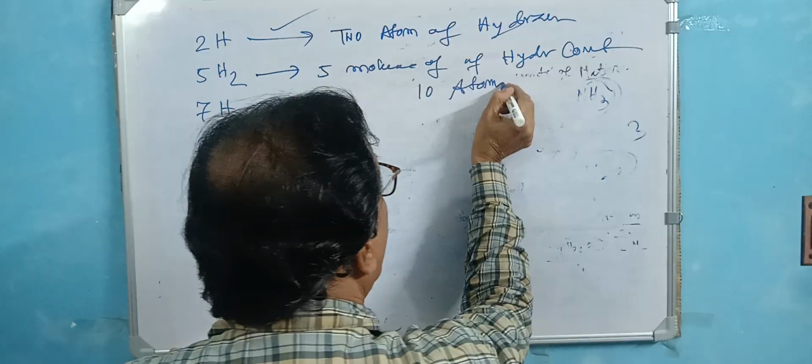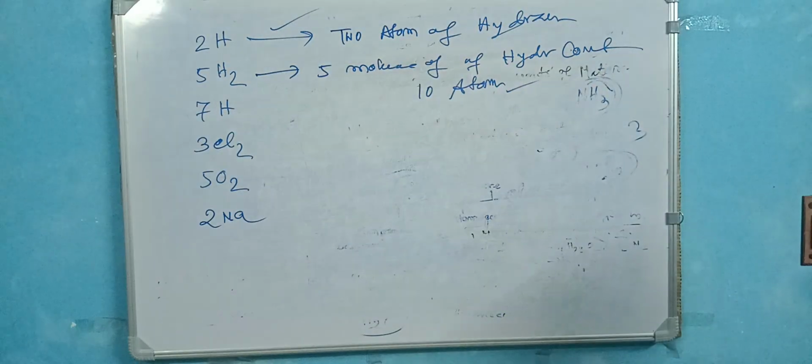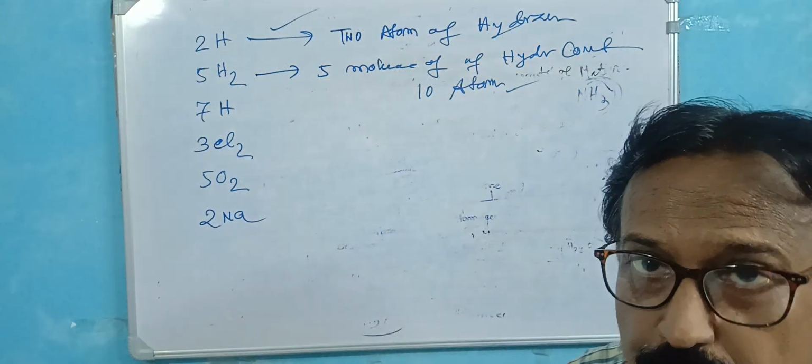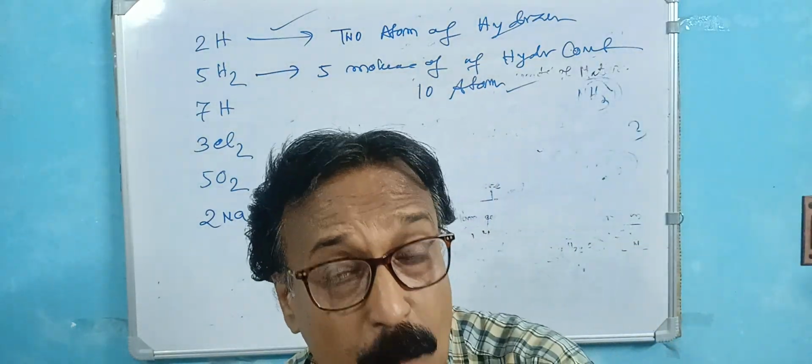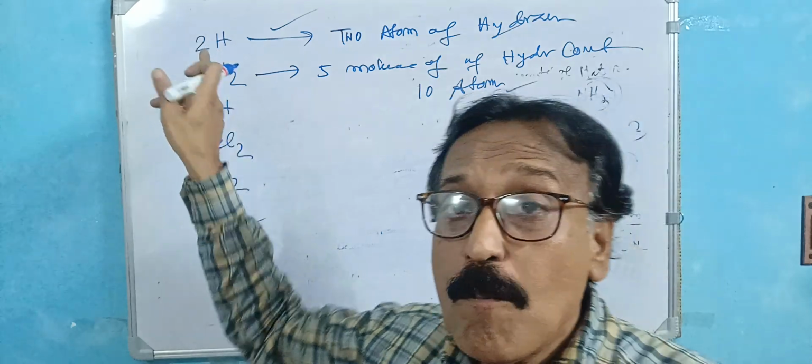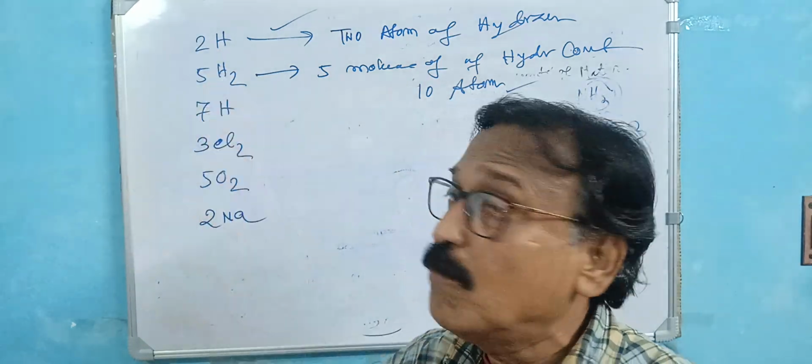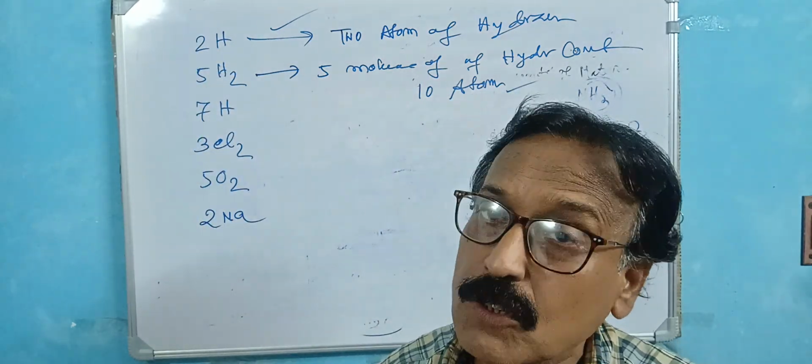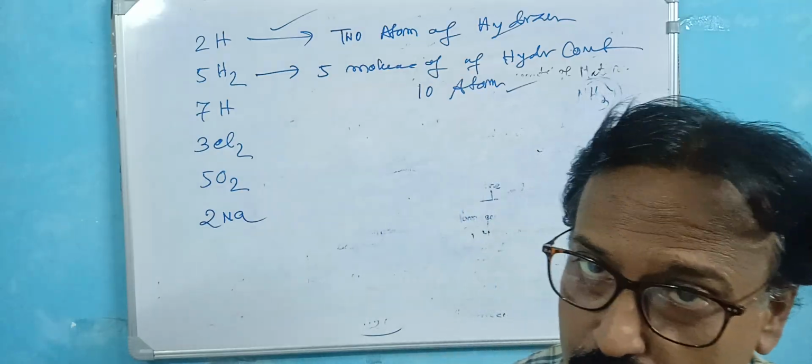This is a very important conception. What is the basic difference? 2H means 2 atoms of hydrogen. It's not from molecules. This is the molecular formula. What is the formula of the hydrogen molecule? H2.